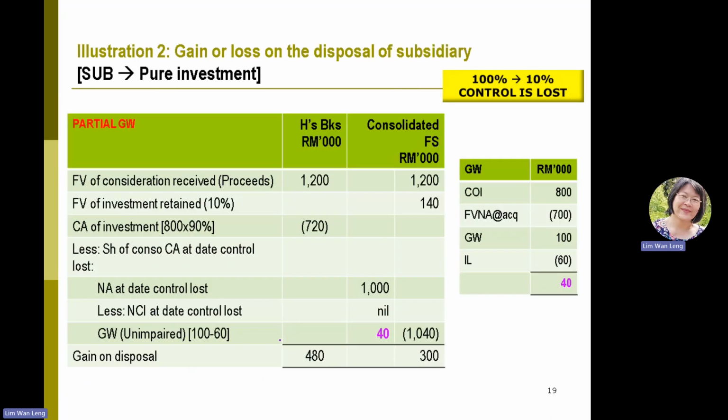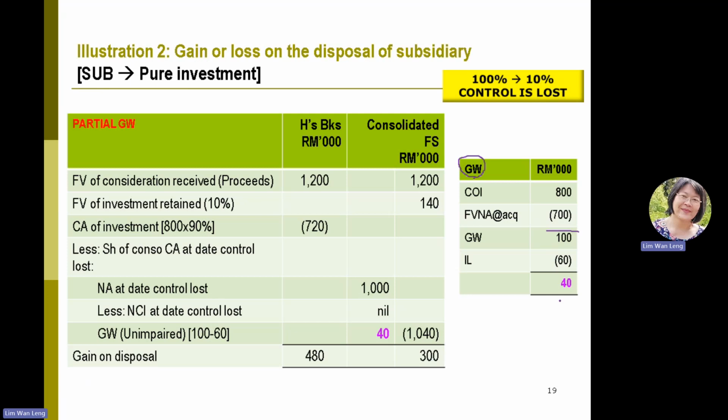Okay? So you look at the computation of the goodwill. Of course the goodwill computation is very simple, because this one is a 100% wholly owned subsidiary. So when you calculate, you get 100. The question has informed you that 60,000 has been impaired up to the date of the disposal.